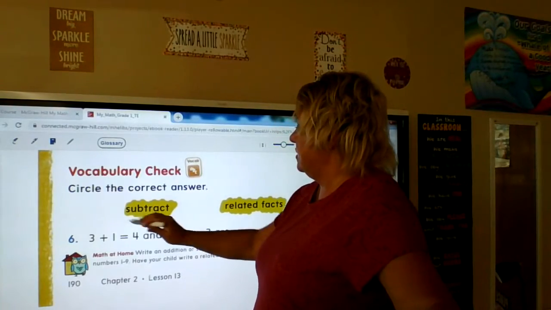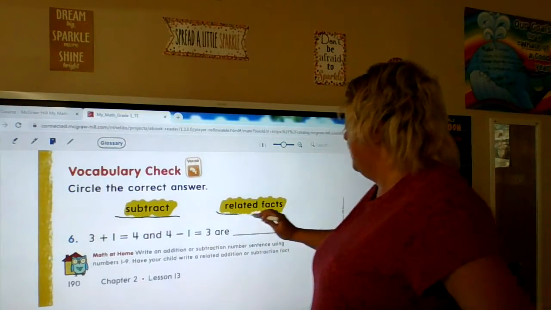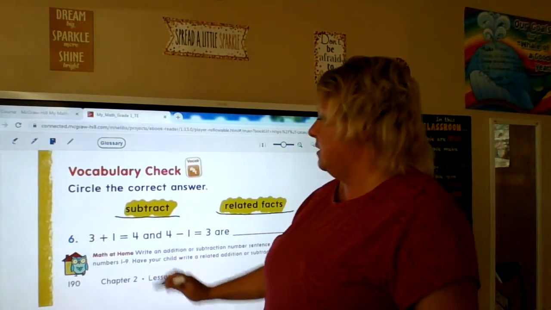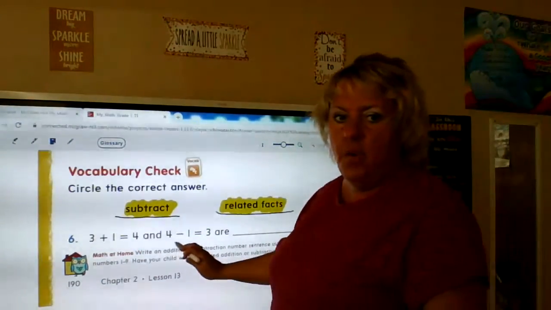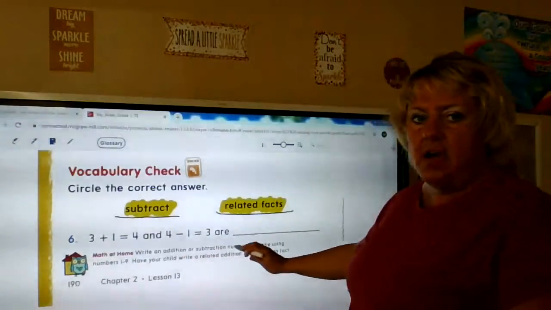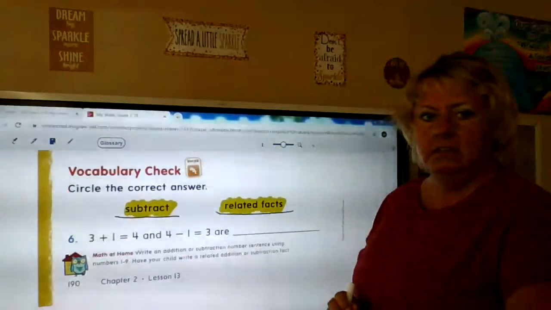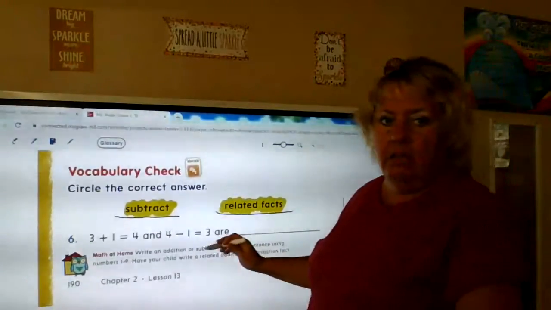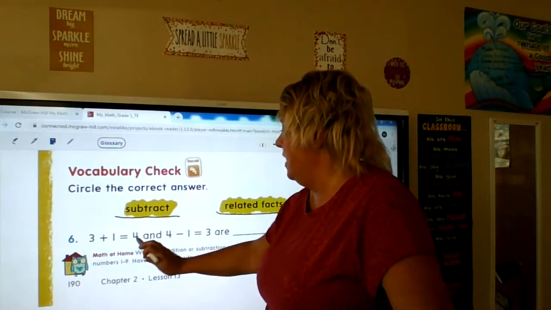Circle the correct answer. Subtract or related facts. 3 plus 1 equals 4, and 4 minus 1 equals 3 are subtract or related facts. Well, I see a 3, a 1, and a 4.